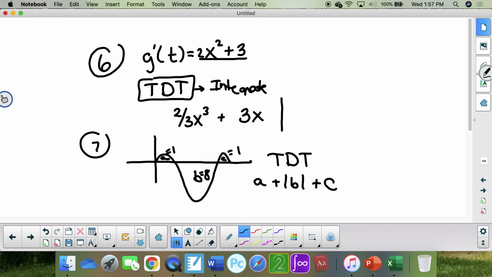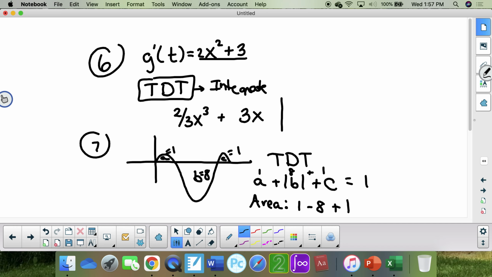If they don't say find the total distance traveled and they ask you to find the area instead, you guys, then this is 1, this is a negative 8, and this is a positive 1, right? If they ask you to find just area and not total distance traveled, this answer would be 1 plus 8 plus 1.